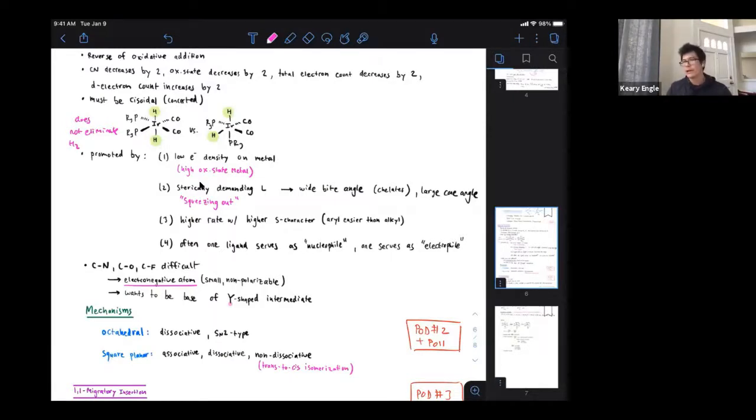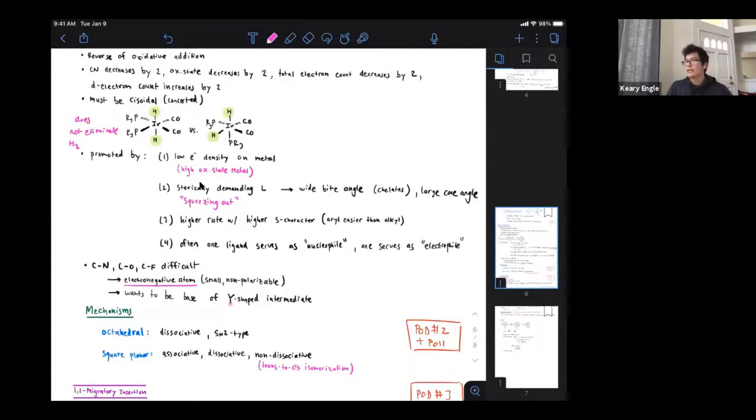And again, counter to what we saw in the case of oxidative addition, now reductive elimination is promoted by low electron density on the metal and sterically demanding ligands. You can think of this as squeezing out the group that gets reductively eliminated. Parameters here are like cone angle, wide cone angle, bite angle, wide bite angle.